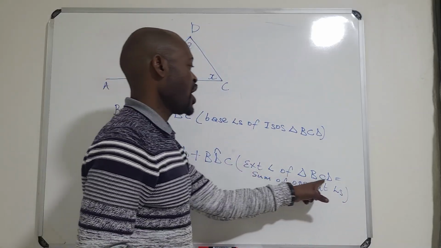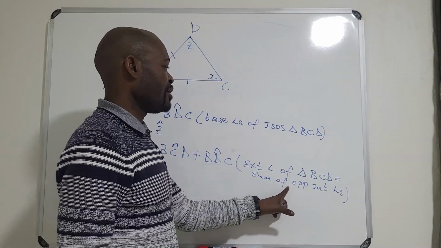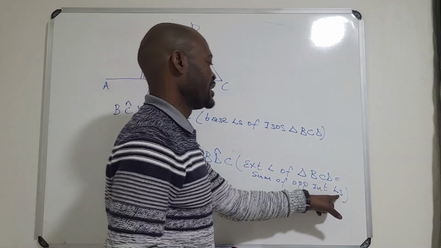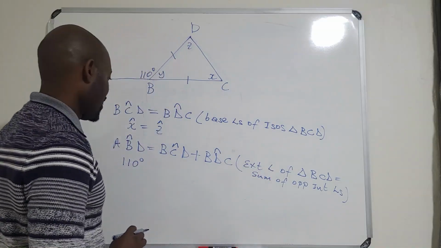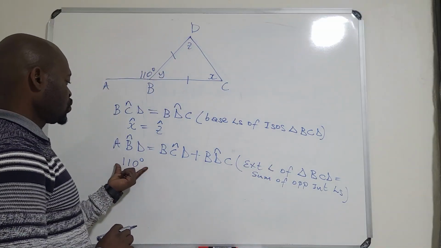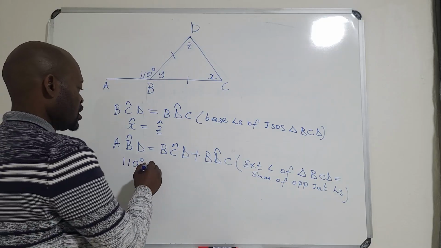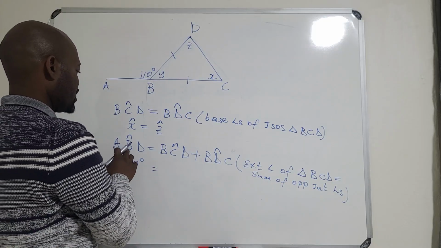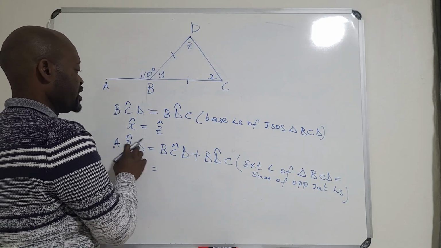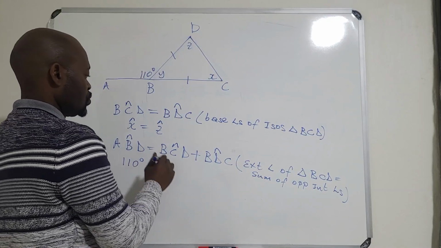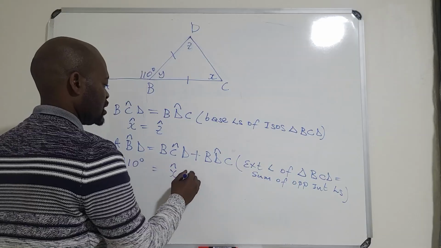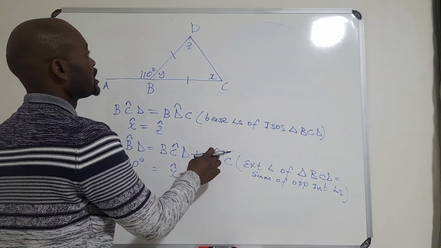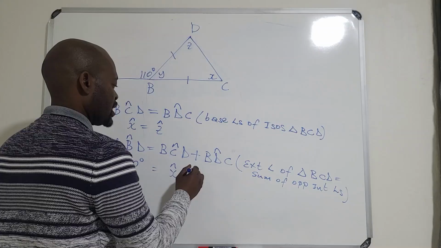Exterior angle of a triangle is equal to the sum of opposite interior angles. You can write it like this, it's not a problem. Therefore, we can substitute 110, which is angle ABD, which is equal to our angle BCD, angle x, plus our angle BDC, angle z.